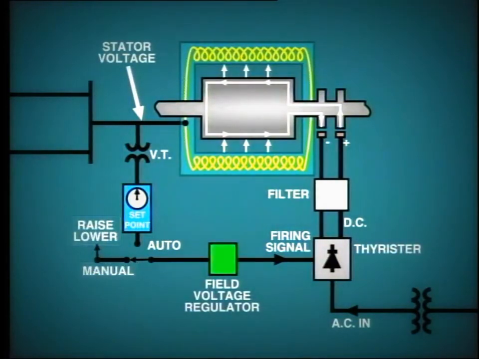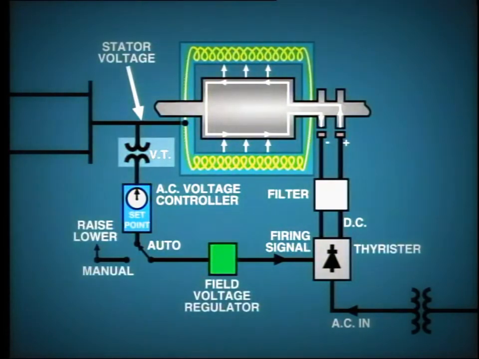However, when the generator is in operation, the field voltage regulator is usually controlled from the auto position, that is, from the AC voltage controller. This controller monitors the generator bus output voltage through VTs and automatically adjusts excitation to maintain the set point voltage.